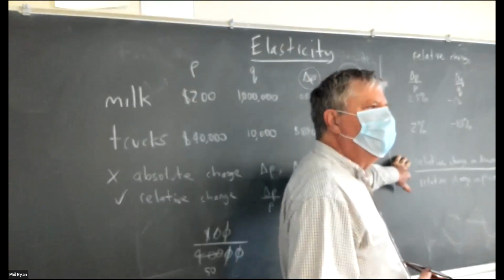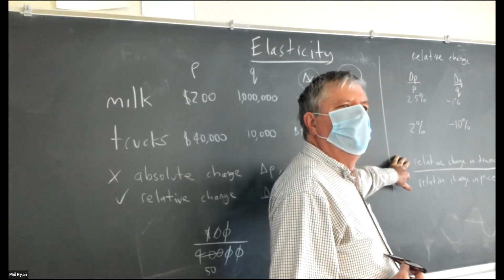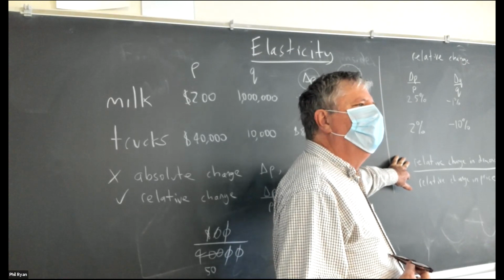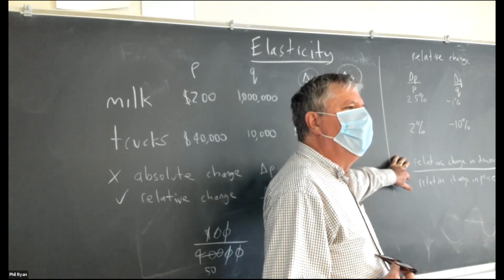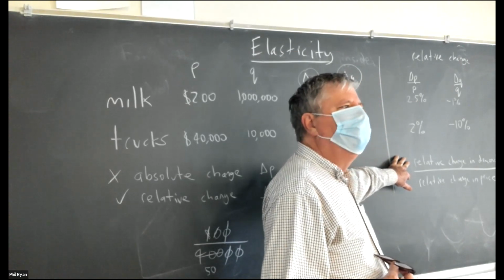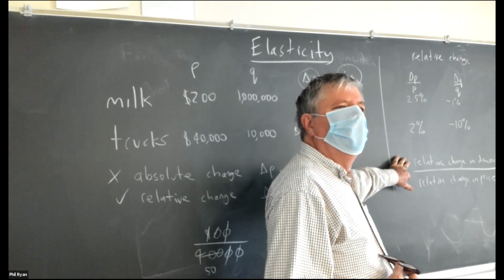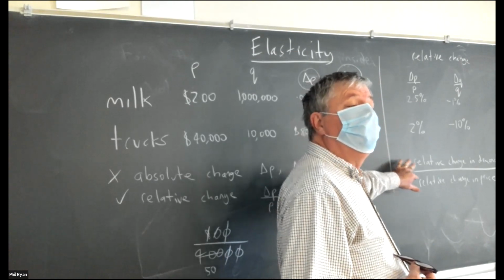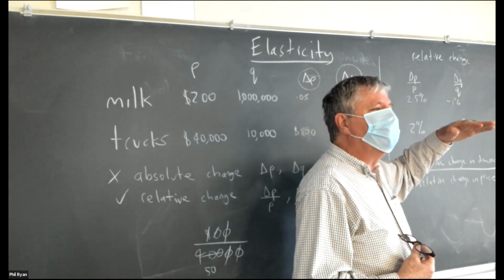This ratio here, is this ratio going to be positive or a negative ratio? What happens when price rises? Does demand go up or down? So the price of something goes up, is there more demand for it or less demand for it?